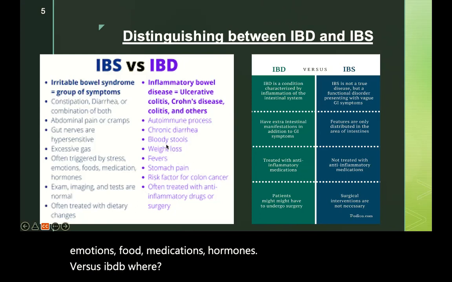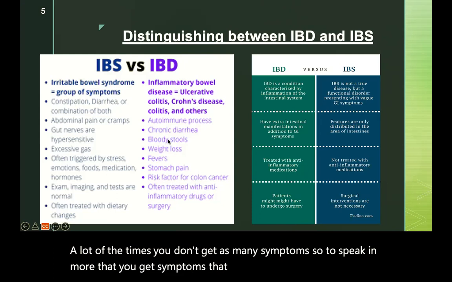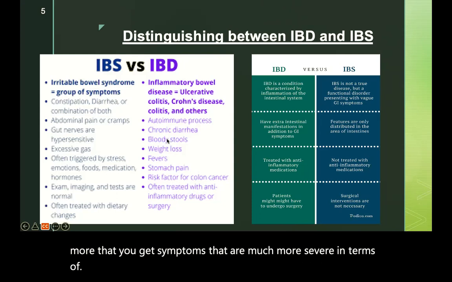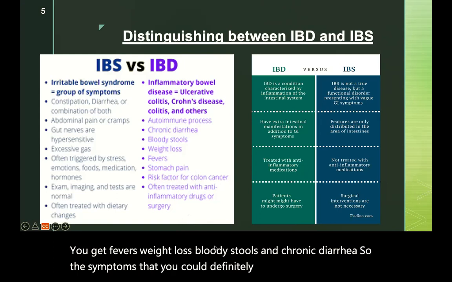versus IBD, where you get symptoms that are much more severe, in terms of fevers, weight loss, bloody stools, and chronic diarrhea. So the symptoms that you could definitely notice in terms of variations, IBS versus IBD.